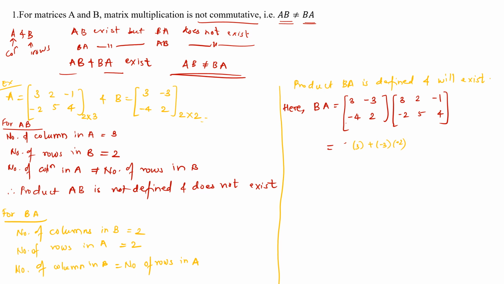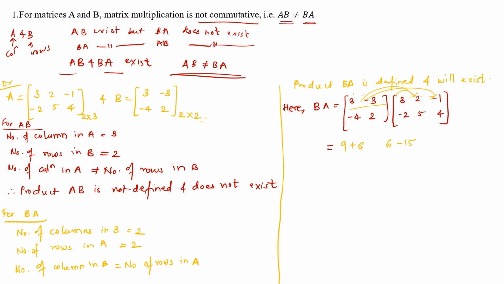So क्या होगा यहाँ पे? 3 into 3, that is 9, minus into minus plus 3 into 2, 6. For next element, keep this row as it is, go on multiplying with the columns one by one. First column, then second column, and then third column. So first element मिल गया 9 plus 6 होगा. Second element क्या होगा? 3 into 2 6 plus minus 3 into 5 is minus 15. Next element क्या होगा?